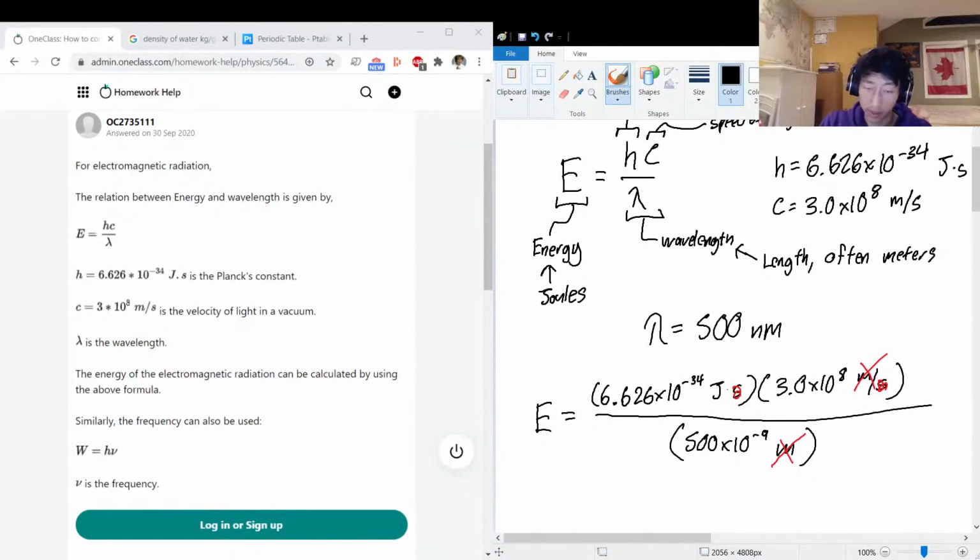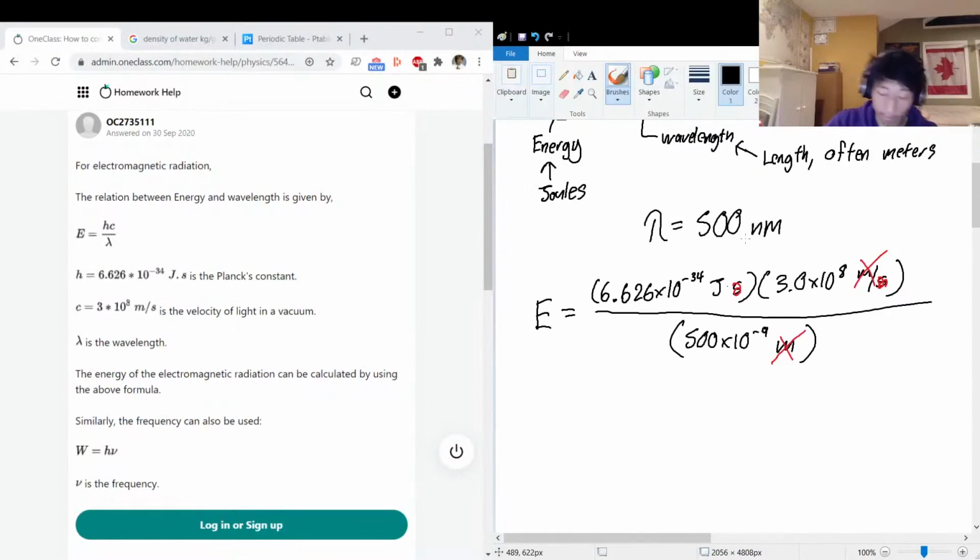Cool. And the result of that energy is not very big, but it's still there. So that energy is 3.975 times 10 to the negative 19 joules. Not very much, but more than 0. And sometimes just being more than 0 can really make a difference.